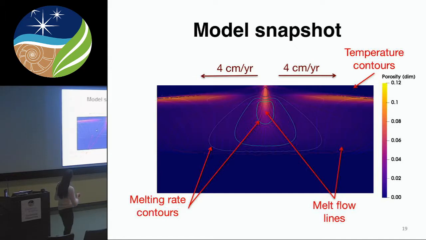And there's the contours in the center, and that's the melting rate contours. So pretty much what's happening here is melting is highest in the middle. And that's kind of expected because that's where you have the highest upwelling velocities. The temperature contours are not actually here, but you see them in the video. There's orange contours of 750, 950, and I think 1150 degrees centigrade.